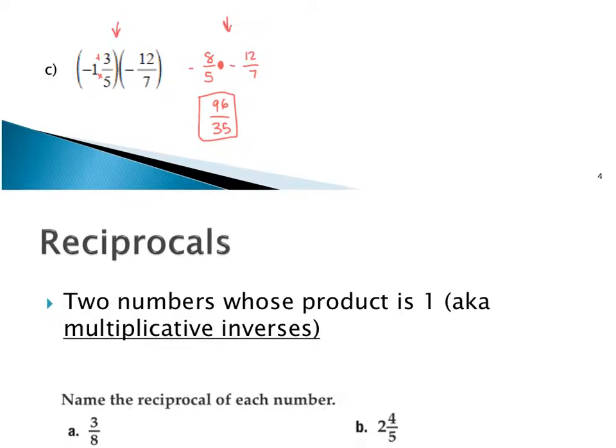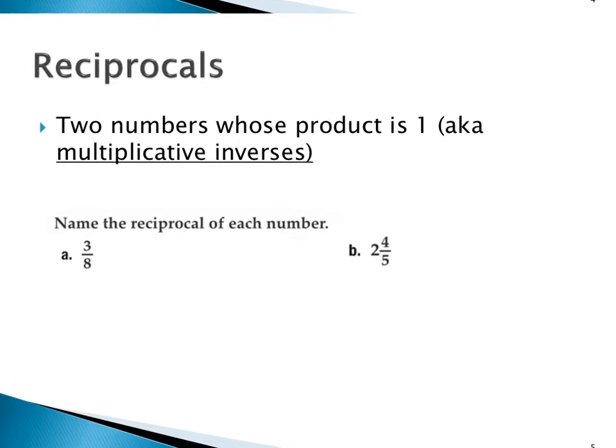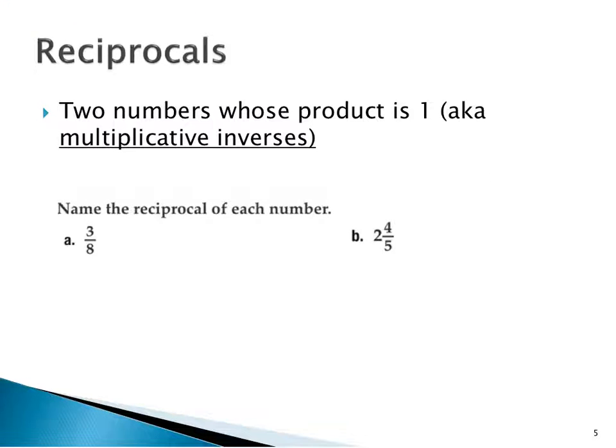Let's move on. Now, reciprocals are two numbers whose product is 1. So if you have, say, in example A down here, a fraction which is 3 over 8, and you flip it, so now I have 8 over 3. When you multiply across, you get 24 over 24.